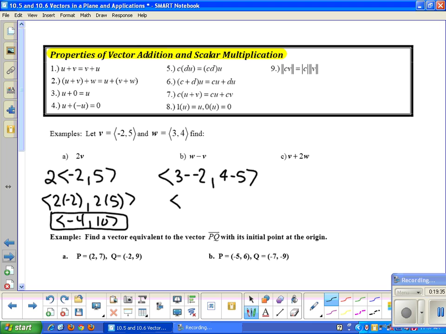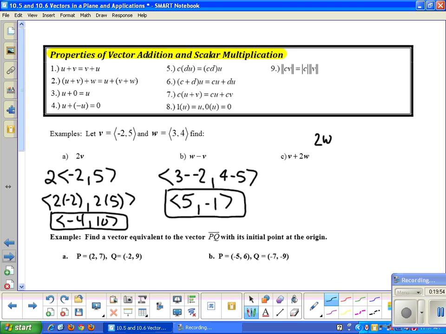So in this case, you would get 3 minus 2, which is 5, and 4 minus 5 is negative 1. So this would be the resulting vector 5, -1, and again, that order matters in which you subtract it. For C, now we're taking vector v and we're adding it to 2 times vector w.